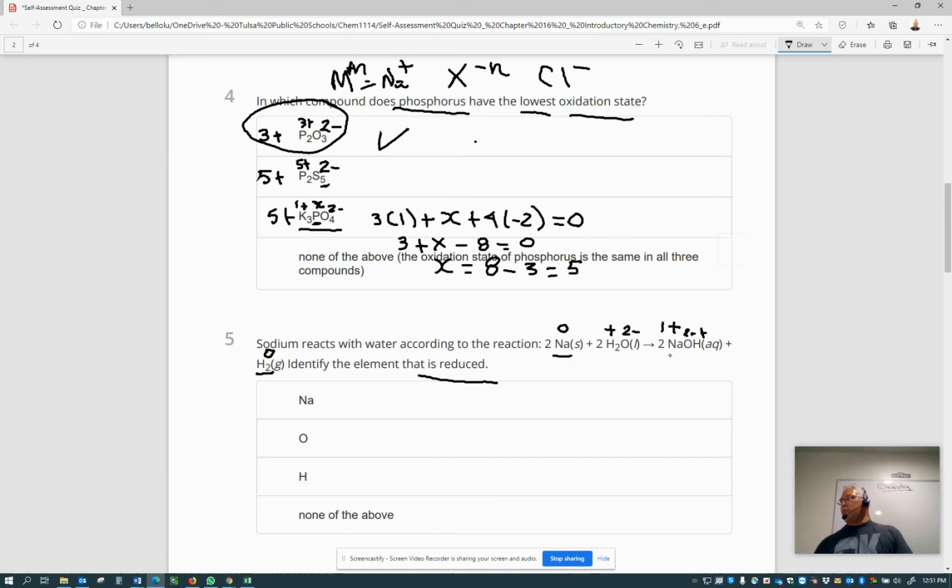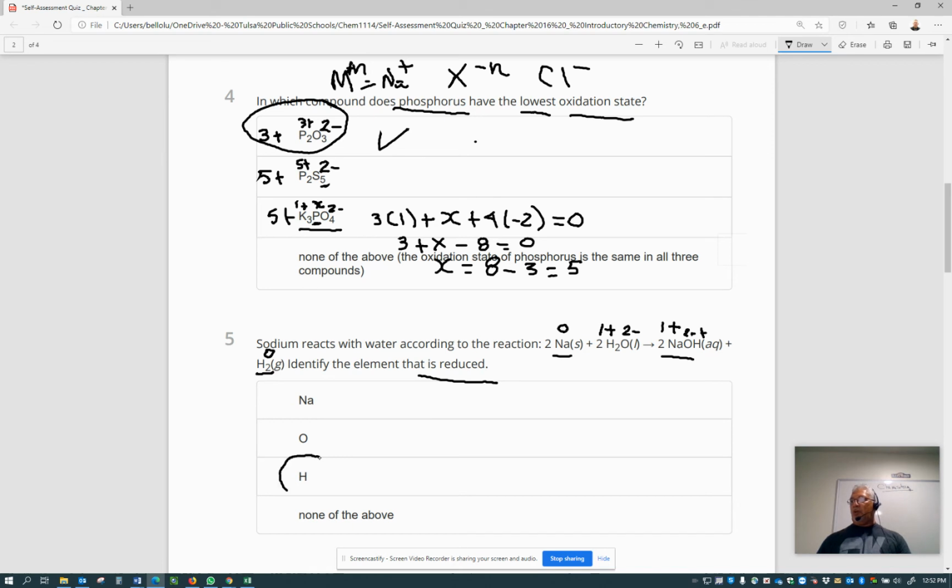So sodium is undergoing oxidation, and they asked me for the one that is reduced, so it's not sodium. Let's check hydrogen. Hydrogen is 1 positive, but it is also producing hydrogen gas, a molecule of hydrogen, and the oxidation state for the molecule is 0.